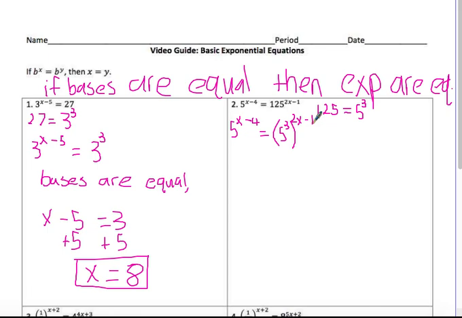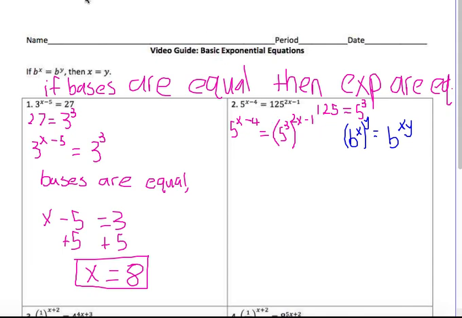Now, on the right side of the equation, I have 5 to the third to the 2x minus 1 power. But then, again, remember that we have this exponent property that says if we have some number b raised to the x, and then raised to the y, then we can multiply the exponents. So that's b to the power of x times y. I can apply this property here, right?